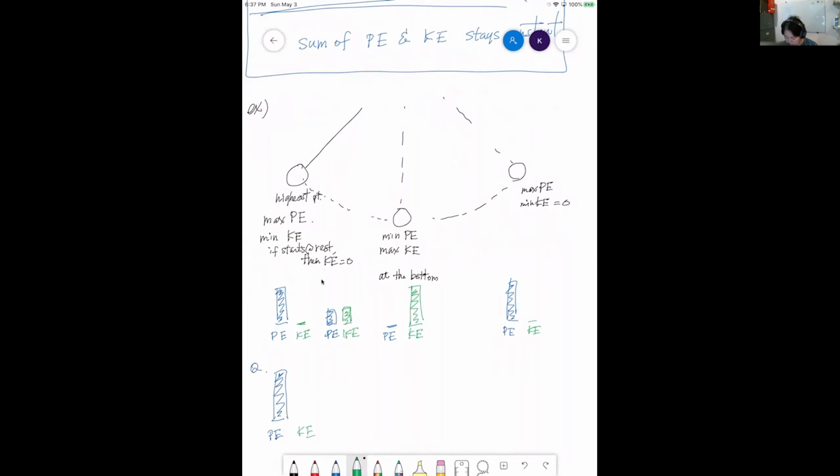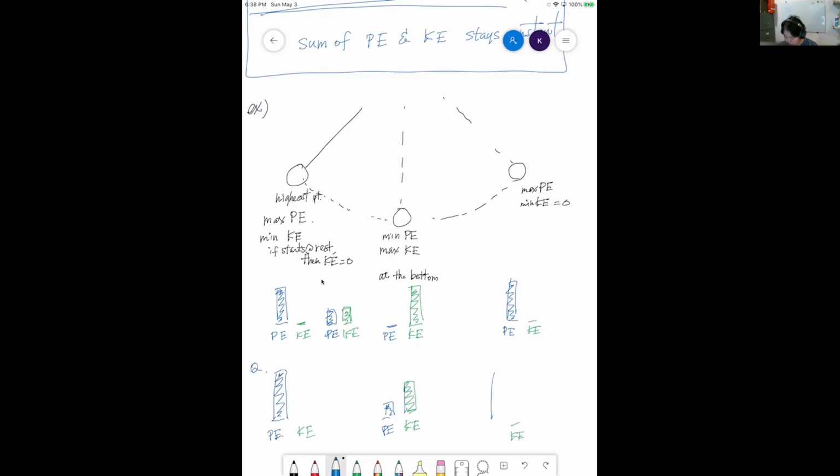But then at the bottom, I still have some potential energy. And then here, kinetic energy is 0.